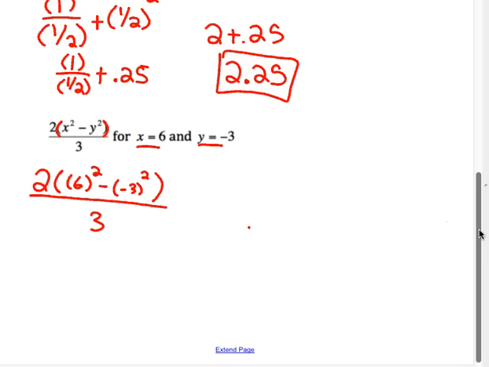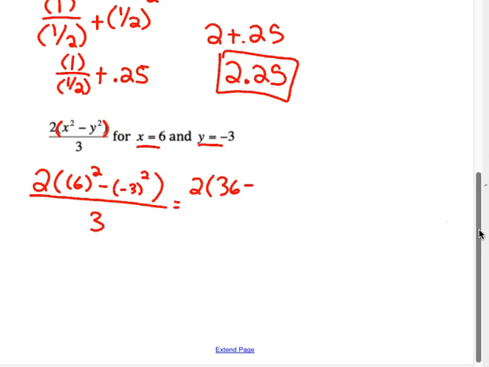So I'm going to focus on taking care of that first. Now, the order of operations within the parentheses, I see exponents and subtraction within the parentheses. So I'm going to start with the exponents in there, okay? 6 squared is 36 minus negative 3 squared.